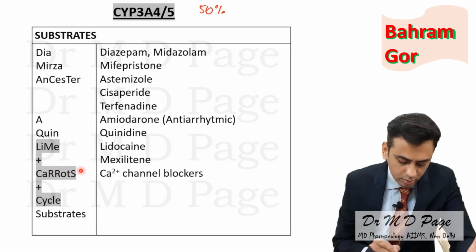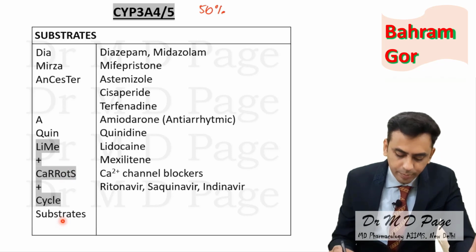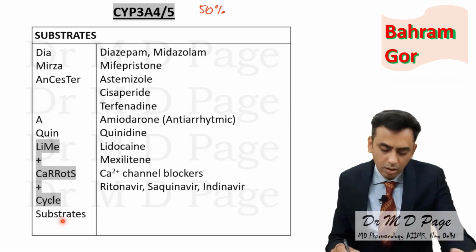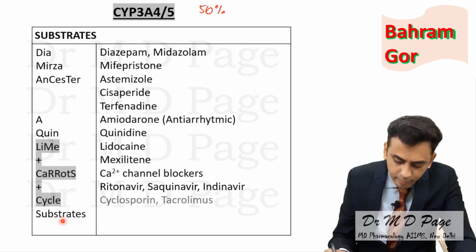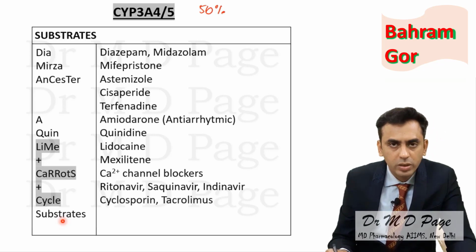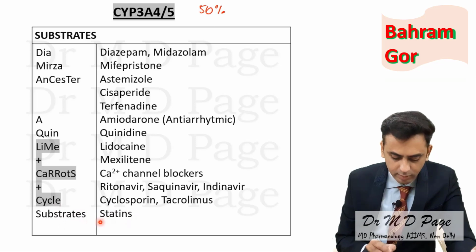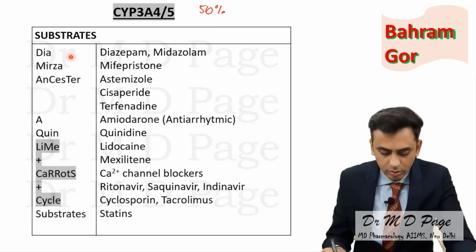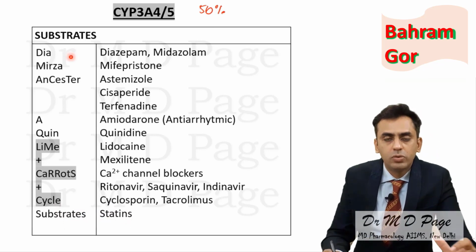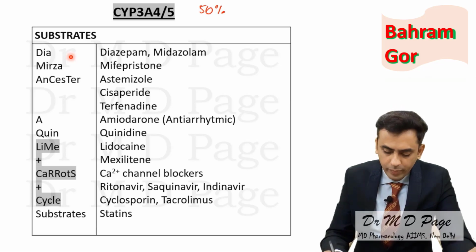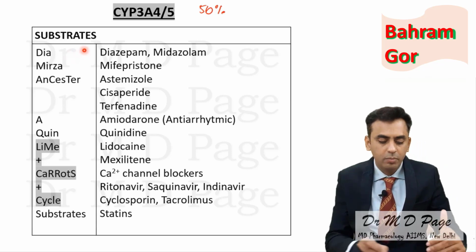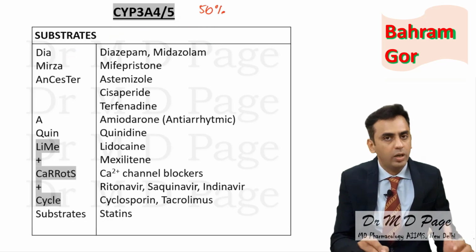Calcium channel blockers, RUT, ritonavir, saquinavir, indinavir, other protease inhibitors. Cyclosporin, tacrolimus. Substrates, statins. So these are the substrates of CYP3A4/5 which you have to remember. Next, so these are getting metabolized by this CYP3A4 and 5.